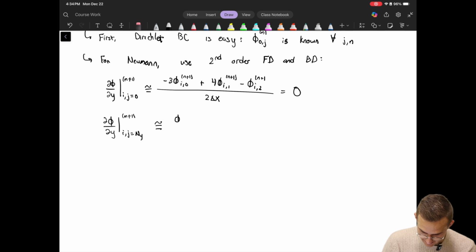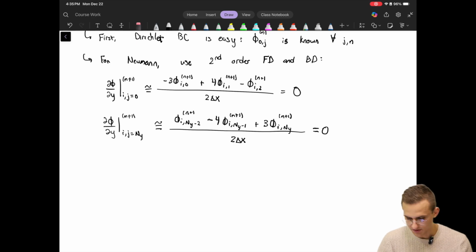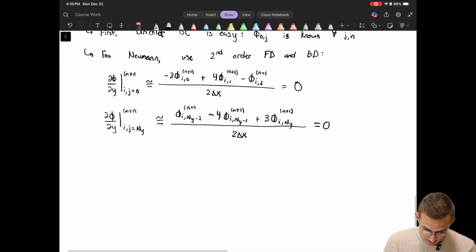So we have phi_{i,ny-2} at time step n+1 minus 4 phi_{i,ny-1} at time step n+1 plus 3 phi_{i,ny} at time step n+1. And I know that we haven't seen these differencing formulas yet, but you could easily derive these using the Taylor table approach that we covered earlier in the class, right?